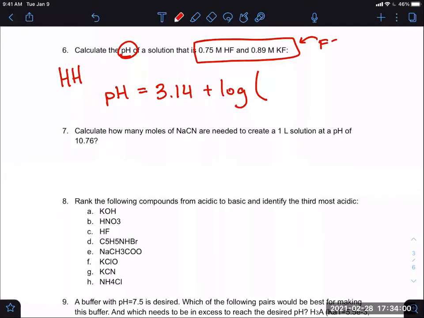So we're going to do 0.89, the deprotonated form, or the conjugate base, over the protonated form, aka the acid, so 0.75. And when you put that all together, you should get 3.21.